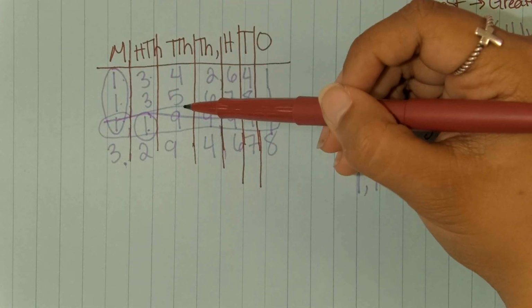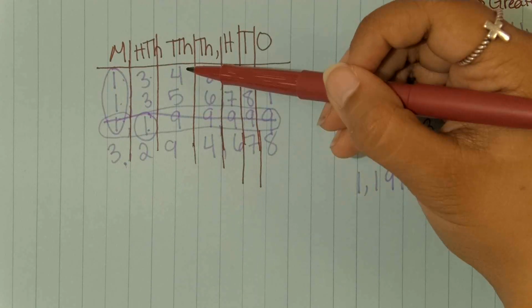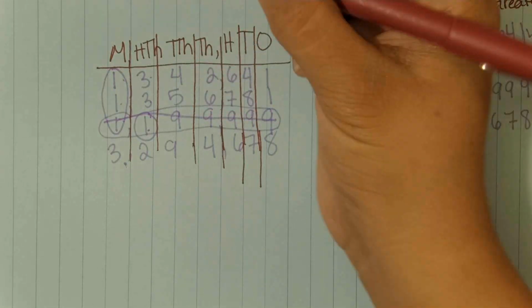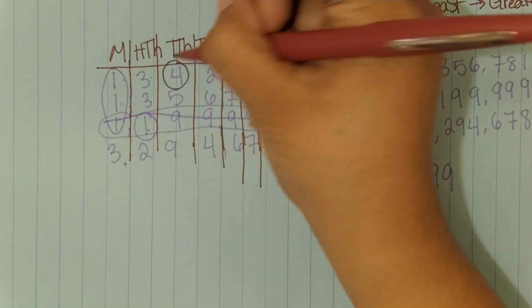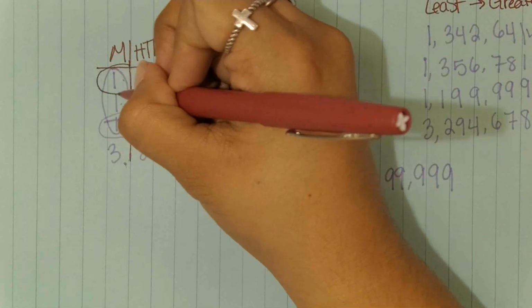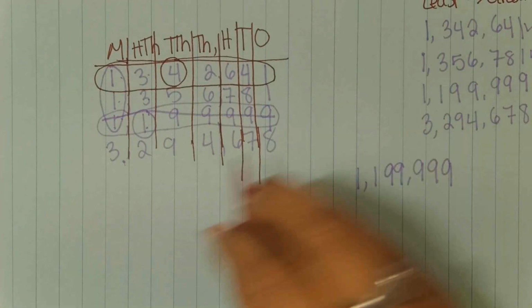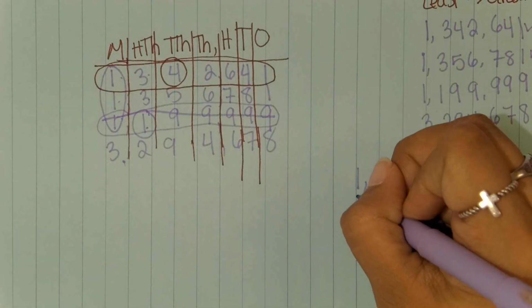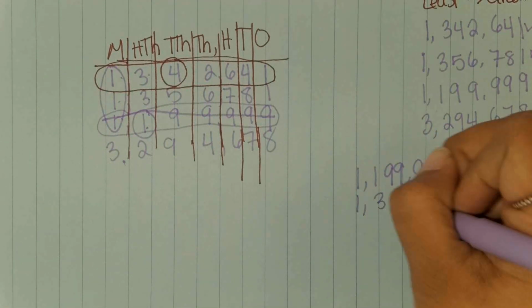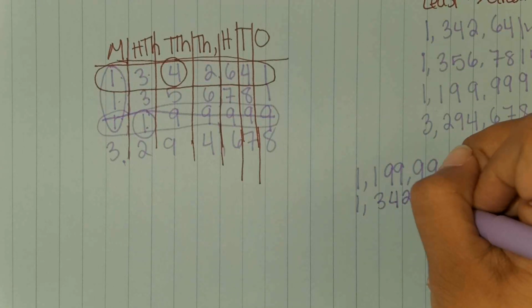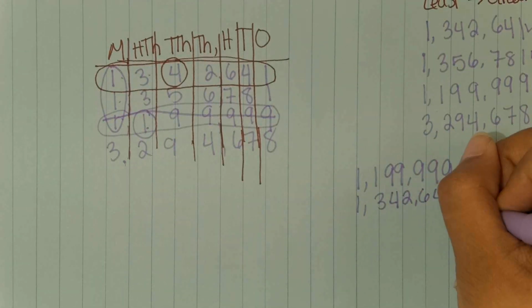Now I have 4 and 5. Does this help distinguish which one is less? Yep, and that's which number? 4. So overall, this first number I put on top is going to be my second least. So I have 1,342,641.